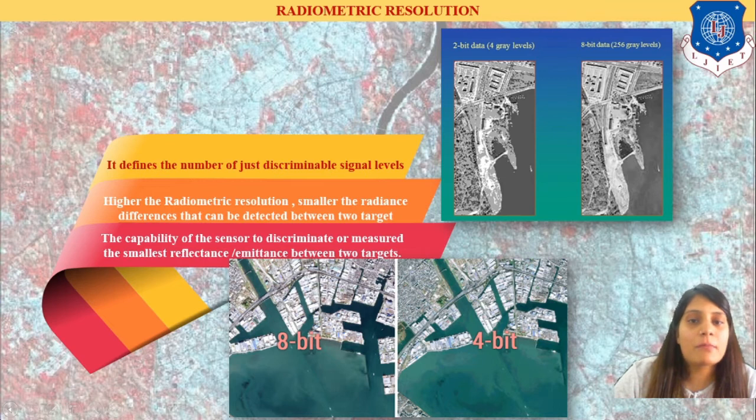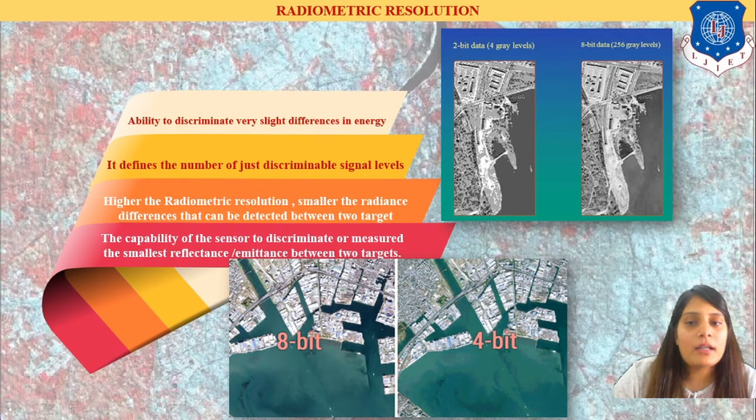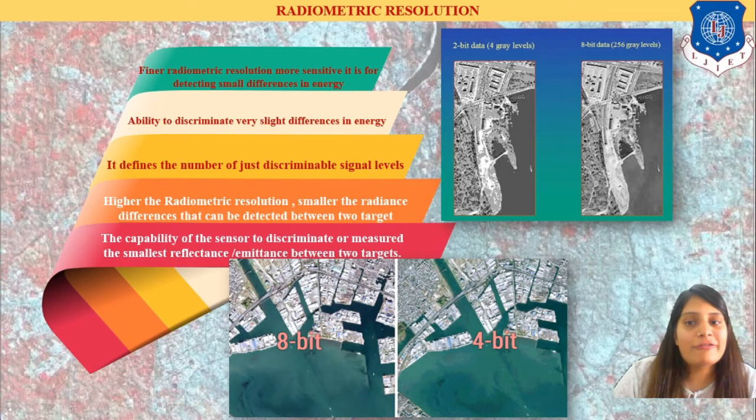It defines the number of discriminable signal levels, the ability to discriminate between very slight differences in energy. Finer radiometric resolution means more sensitivity for detecting smaller differences in energy. So technically, radiometric resolution tells us that good resolution will give us good demarcation.